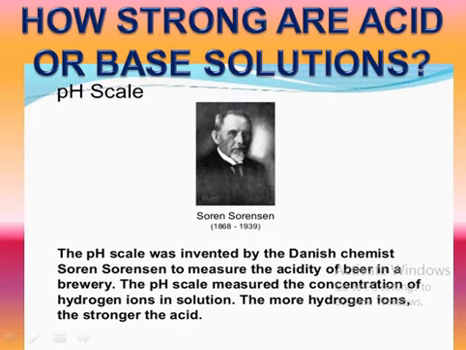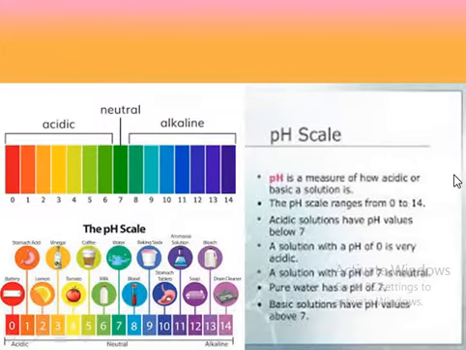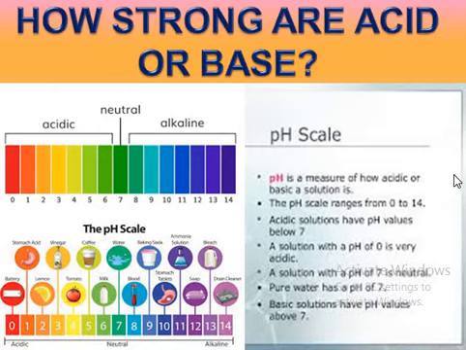Now this pH scale has two letters. See, one is a small p and the next one is a capital H. The capital H stands for hydrogen ion concentration, and the small p stands for potenz in German, which means power.